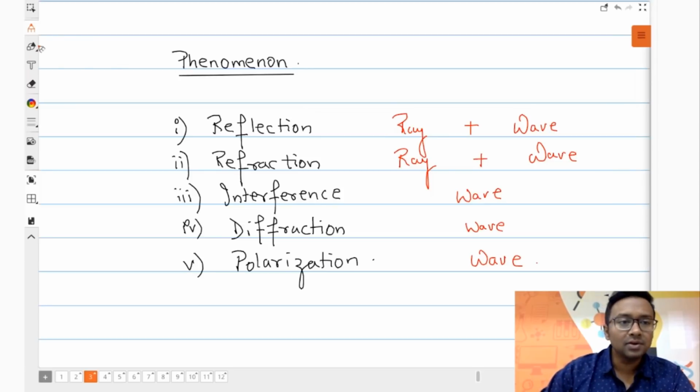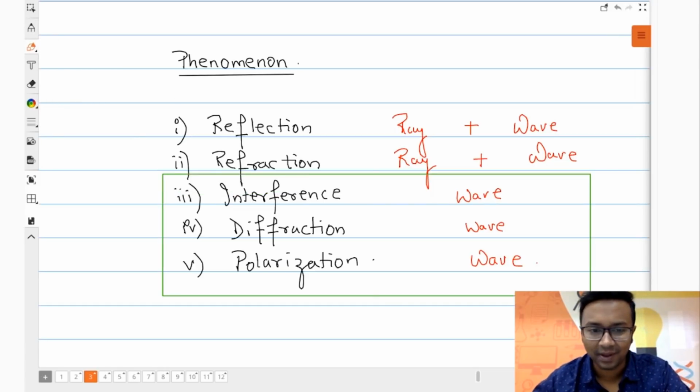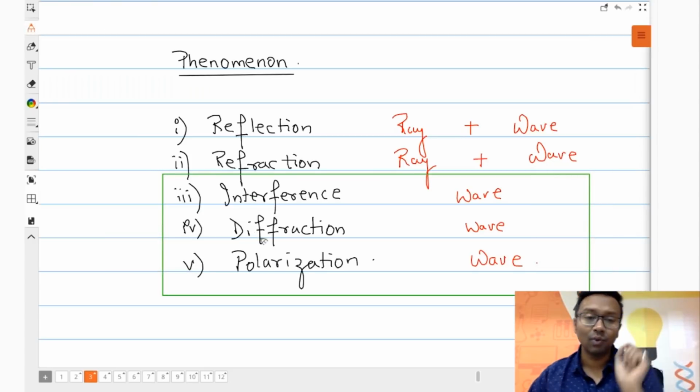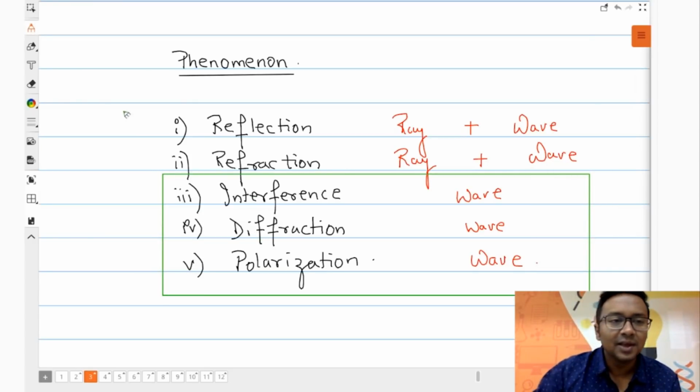Now, among all these three, which is the primary focus area of your wave optics, what is going to be the focus of today's session? It is going to be your interference.